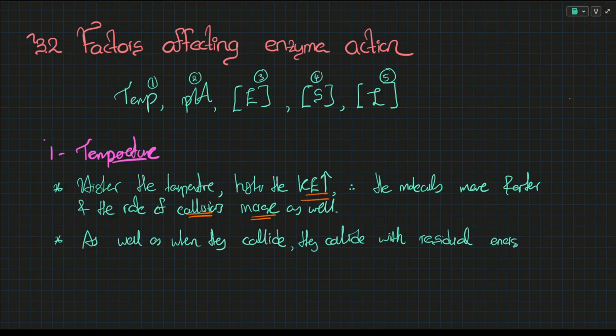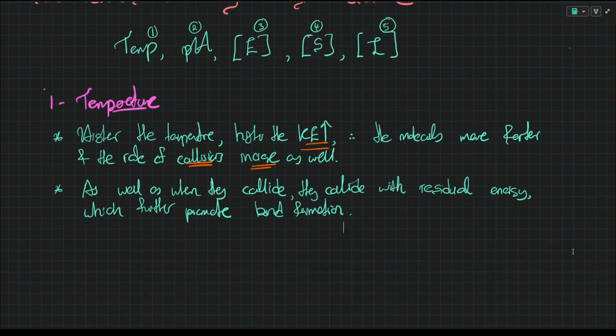The temperature is high, they have a lot of energy. So when they collide, they have more than enough energy, which further promotes bond formation. More bonds, more products are going to form. They have enough energy. That's the idea.